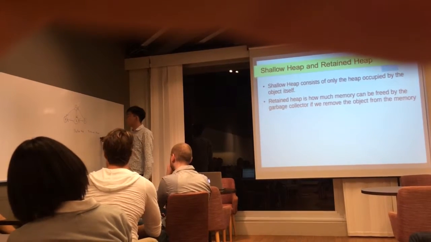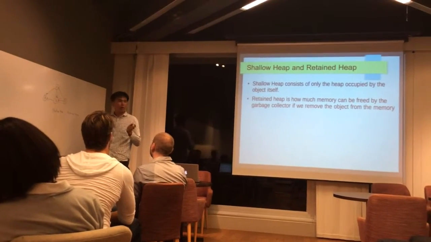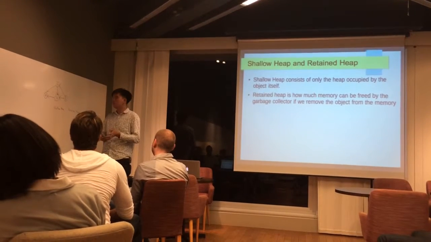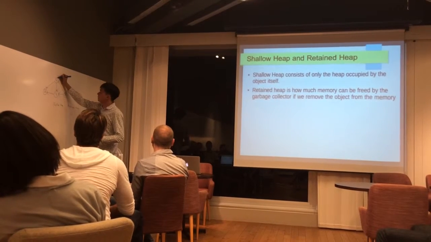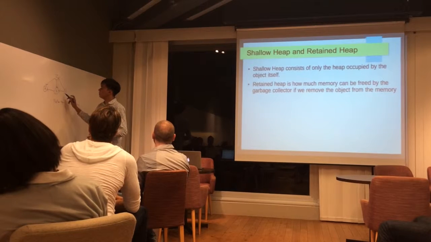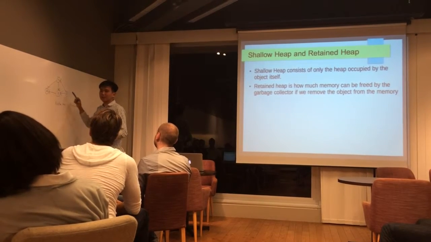But the retained heap is how much memory will be released if that object is freed. So, for example, if we release number 3, the other objects can still live.